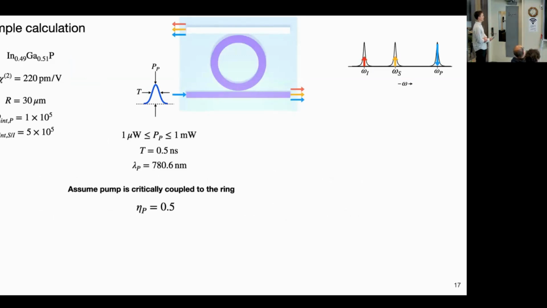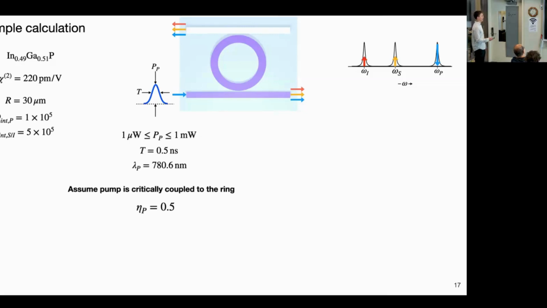It has a Chi2 that's quite large, of 220 picometers per volt. I'll select a ring radius of 30 micrometers, and I'll choose the intrinsic Qs that have to do with scattering loss for the pump to be 10^5, and for the signal and idler to be 5 times 10^5. And these are experimentally demonstrated values for the intrinsic Qs.